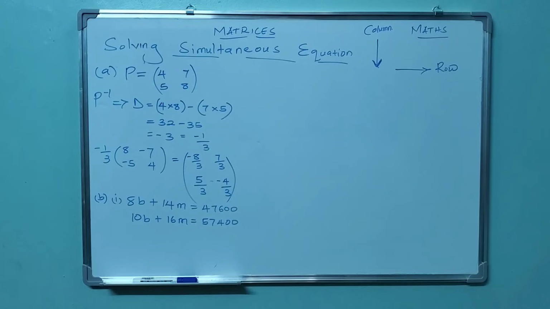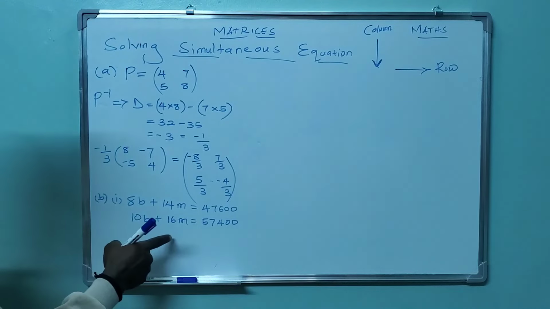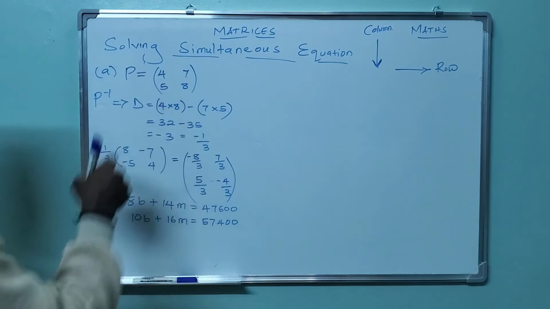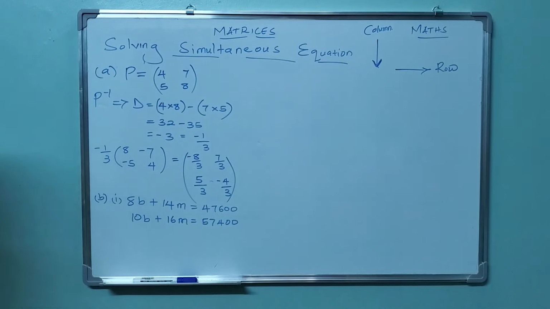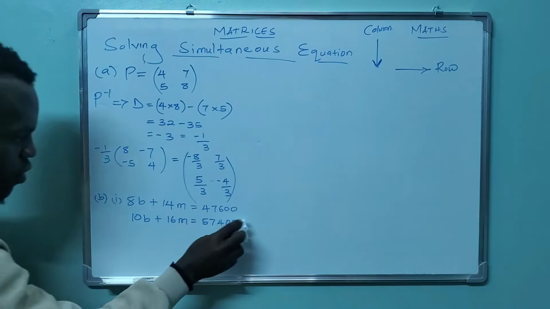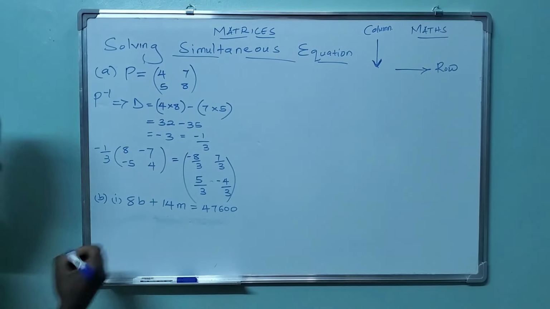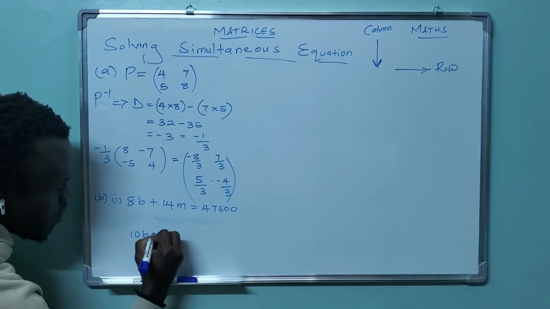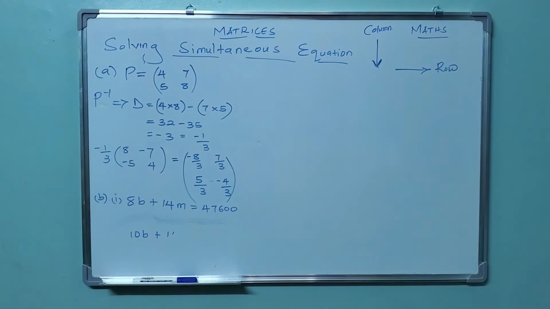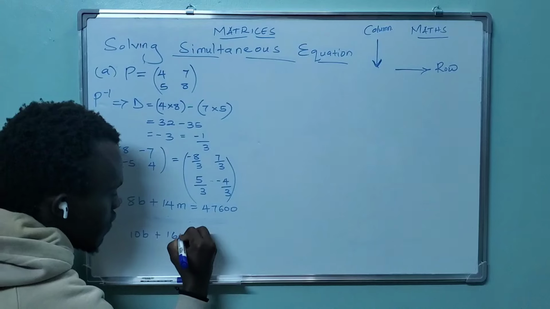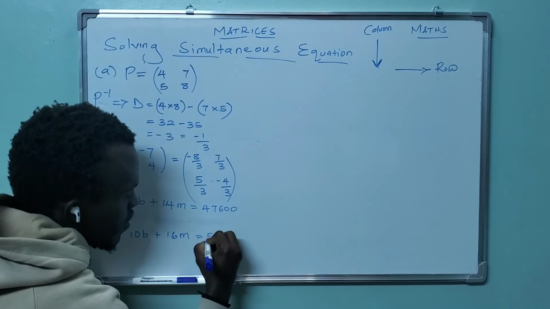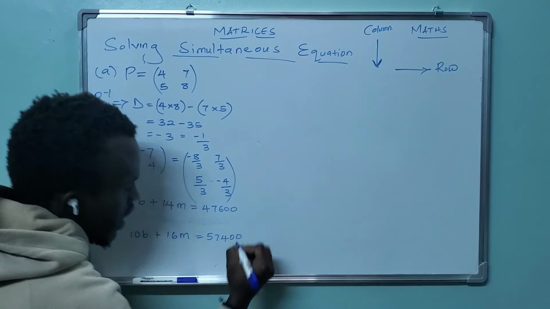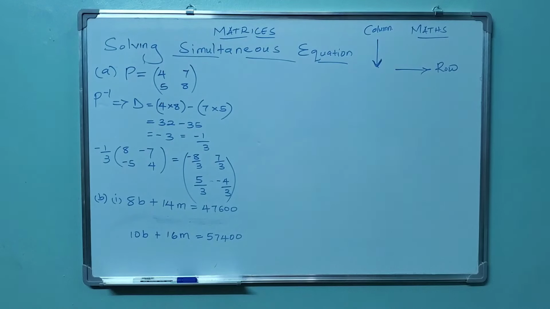Now, first of all, I have to make sure that the matrix equation I form here should be similar to the one that is here. So it means that I'm going to simplify where possible. Let me have this one down here: 10b plus 16m equals 57,400. Now, first of all, I look at my first equation.